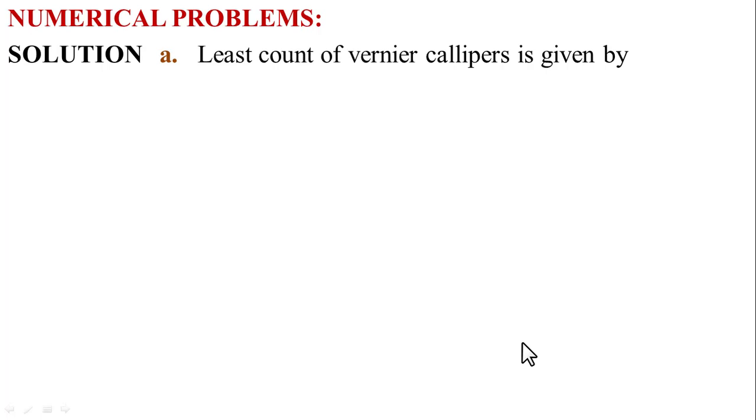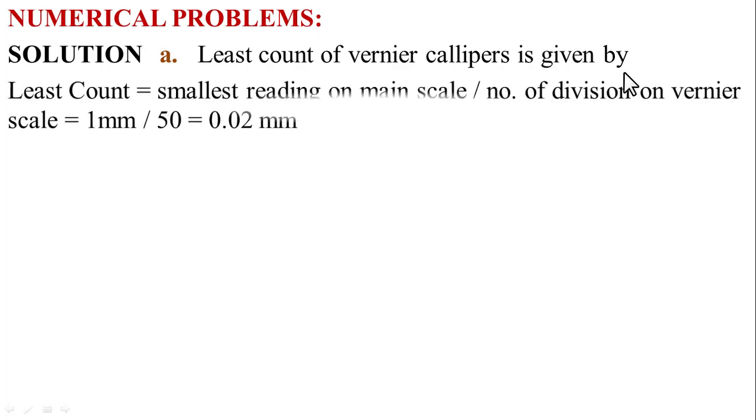Now we can find the solution. First of all, part A. The least count of the vernier caliper is given by: least count is equal to the smallest reading on the main scale divided by the number of divisions on the vernier scale.